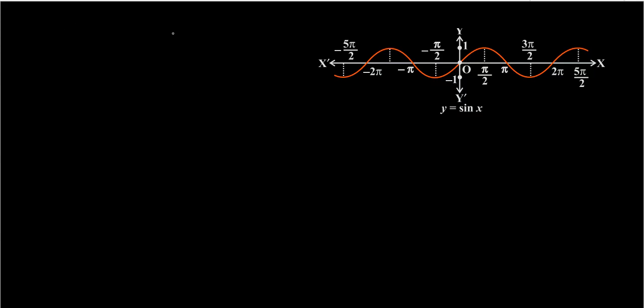So if we take the region from 0 to pi, and take any point between 0 to pi by 2 and from pi by 2 to pi, the midpoint of 0 to pi by 2 may be pi by 4, and the midpoint from pi by 2 to pi is 3 pi by 4.